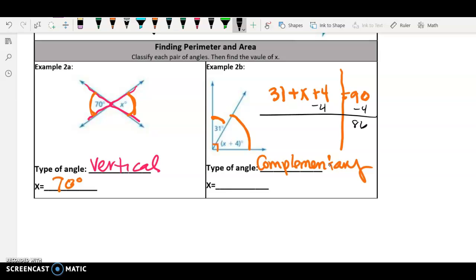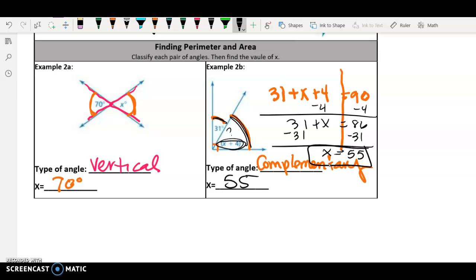And we get 86 equals 31 plus x. I'm adding 31, so we subtract 31 from both sides. And we get 55 equals x. So x equals 55. So this isn't saying the angle, it's saying that 31 plus this angle gives us 90. So we need to figure out what this one is.